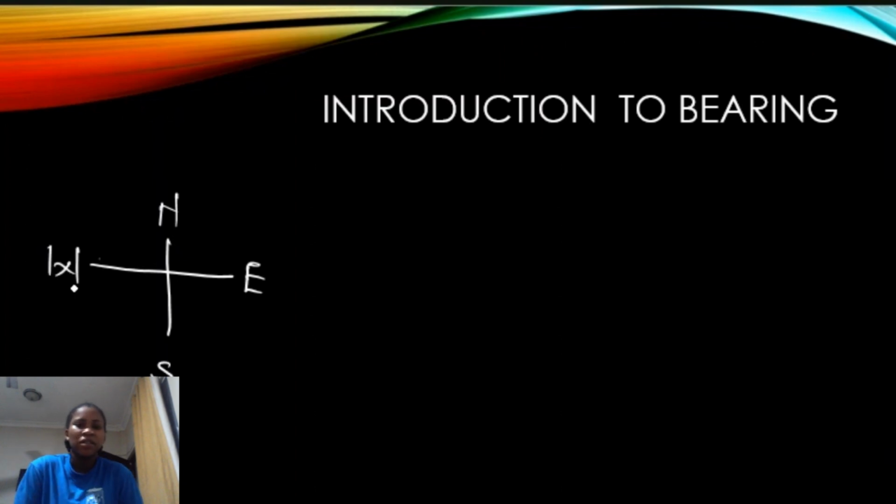So we are trying to represent a direction, taking into consideration the angles of these cardinal points. That's the basic meaning of bearing, the angular representation of a direction.